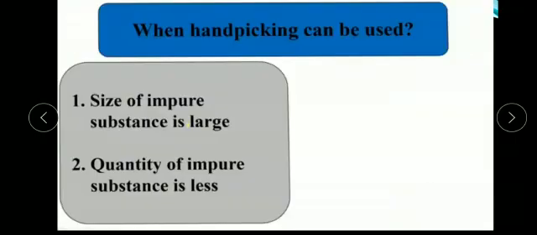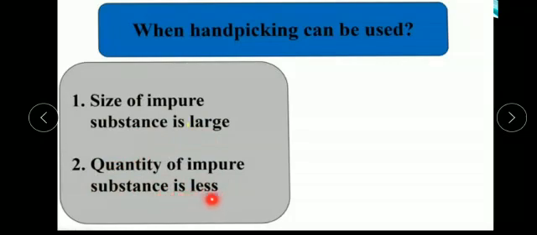So now we know where hand picking can be used. Hand picking can be used when the size of impure substances is large. If size is very small, as in the case of a mixture of salt and sugar, we cannot separate them by hand. Second, the quantity of impurity should be less.